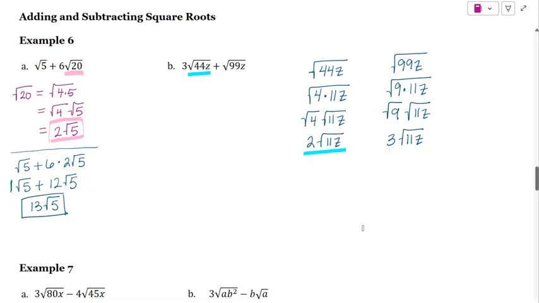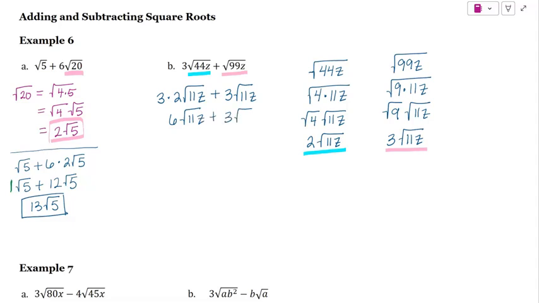And I'll take the 3 times square root of 11z and substitute it in here. So rewriting my problem, I've got 3 times 2 times the square root of 11z plus 3 times the square root of 11z.